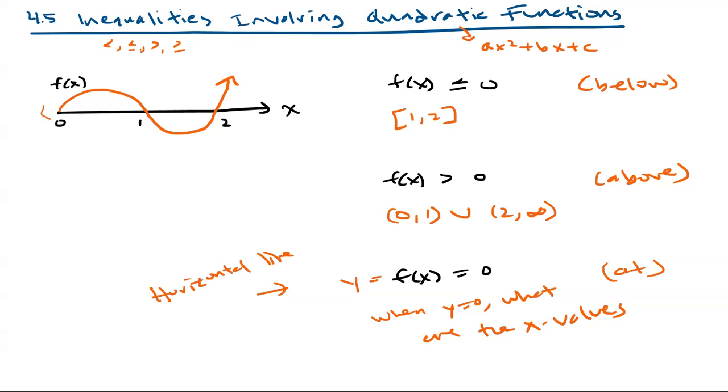If we draw a horizontal line right on the x-axis, it's going to cross at three particular points, at 0, 1, and 2. So it's asking where is it crossing, what particular x values? So our answer is going to be 0, 1, and 2.